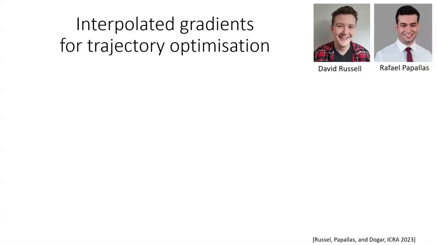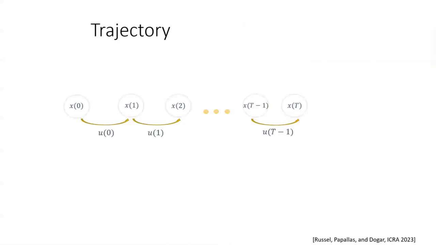So in trajectory optimization, you have a very familiar formulation of a trajectory. You have states X and controls U, and this is your trajectory up until time horizon T. Okay, and without going into much detail, when you do gradient-based trajectory optimization, basically you are computing gradients of the system.